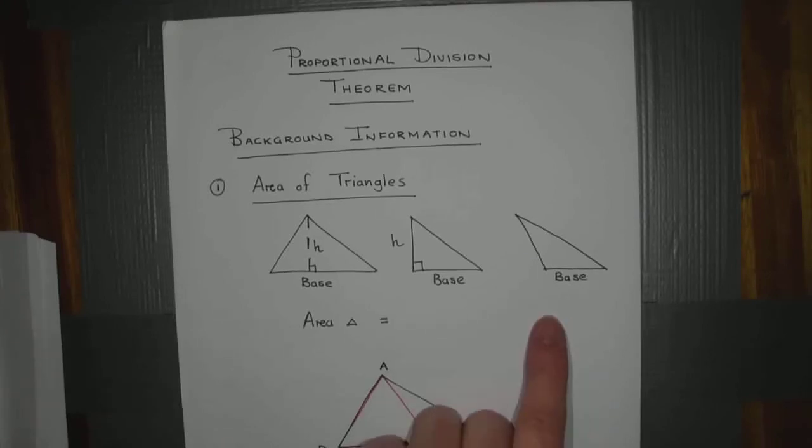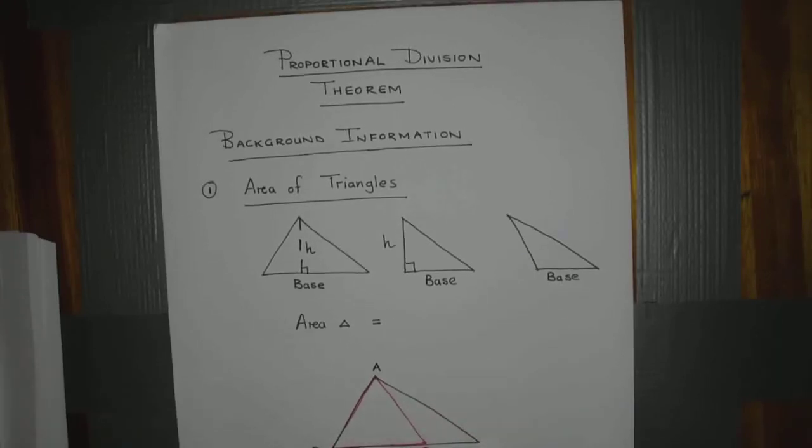And over here, whoops, what's going to happen over here? How am I going to get a height perpendicular to the base? Oliver? The height is going to be the distance from the base to the end point. Yes. The height can actually be exterior to the triangle. Okay.